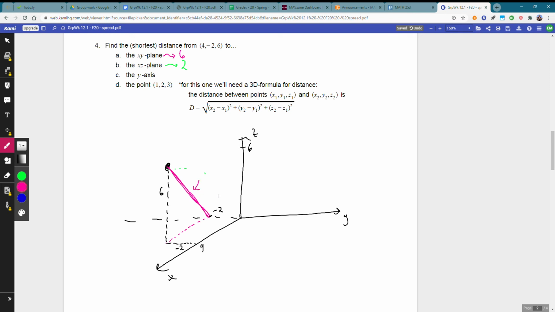And actually, if you looked at this from the side, what we'd have here is a right triangle. Right, the side view here, we can imagine, would look like this.